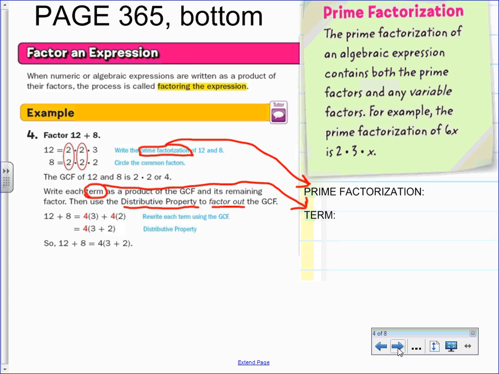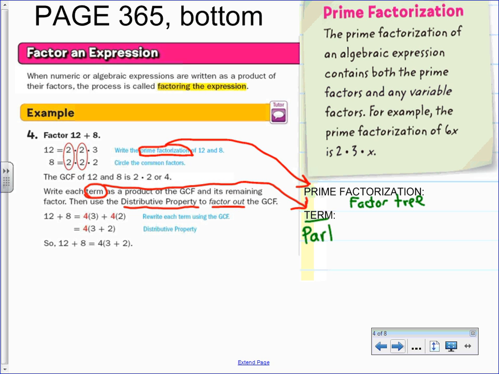All right, two new things here. Mainly it's factoring. Now they say prime factorization. We always called it a factor tree. Write that down in your book, guys, right in the margin there on page 365. The other word we need to know is term.